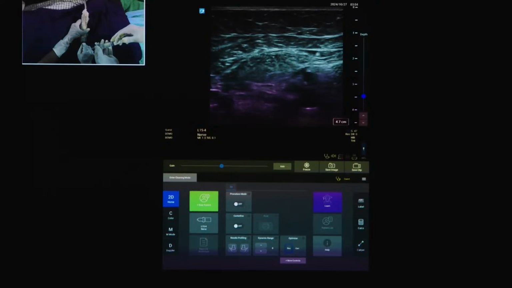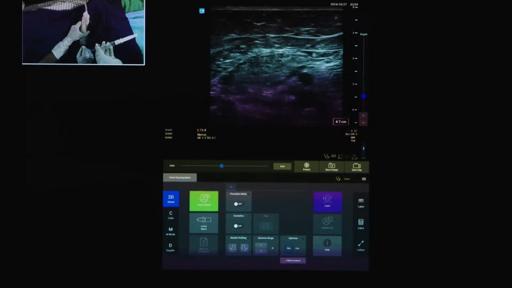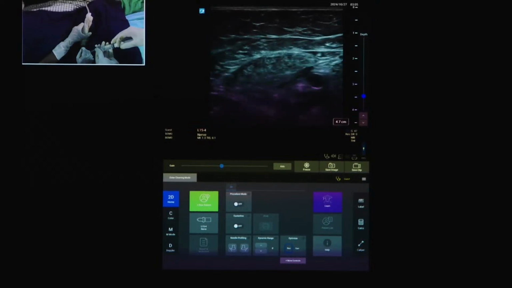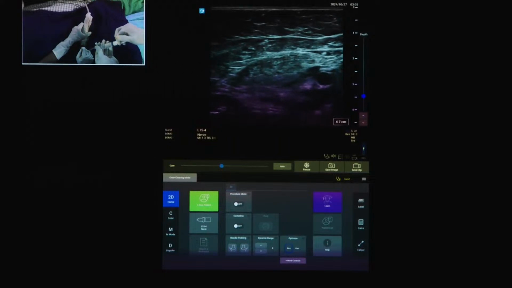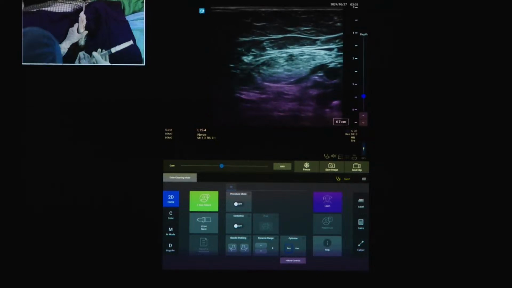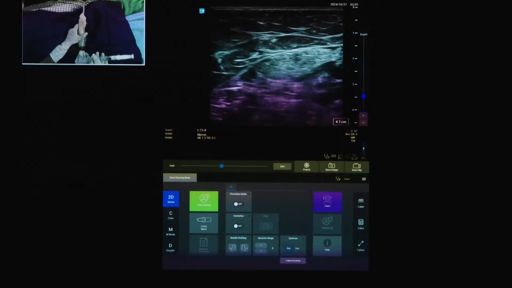Wait. Don't move. He's having needle pain. It's there. I'm there here. Aspirate?